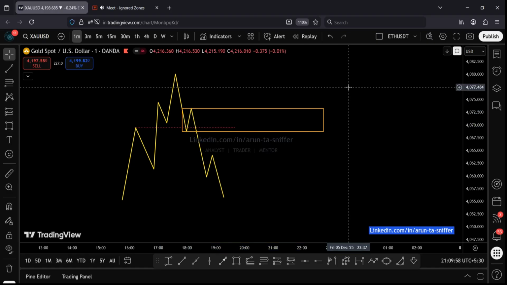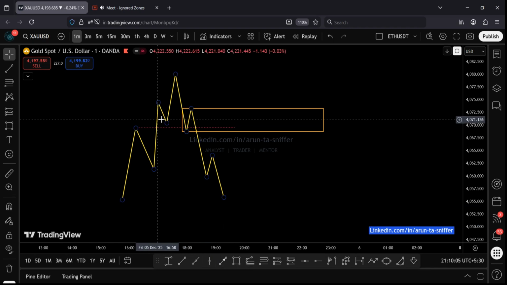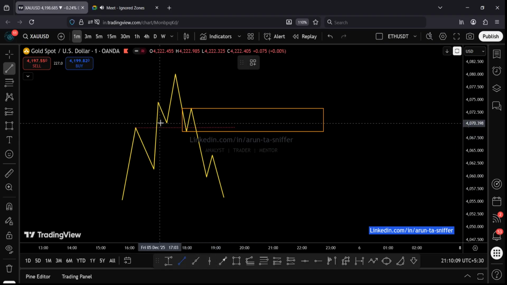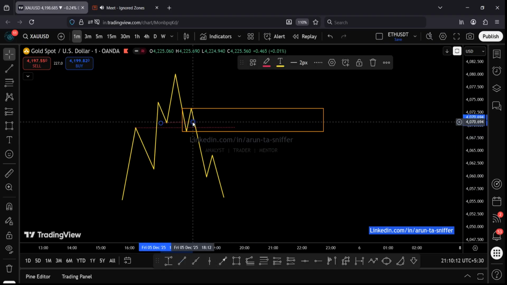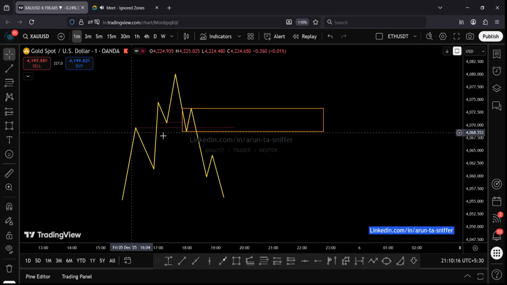After breaking this low, this zone was created, and coincidentally this is also the left shoulder kink of this high.